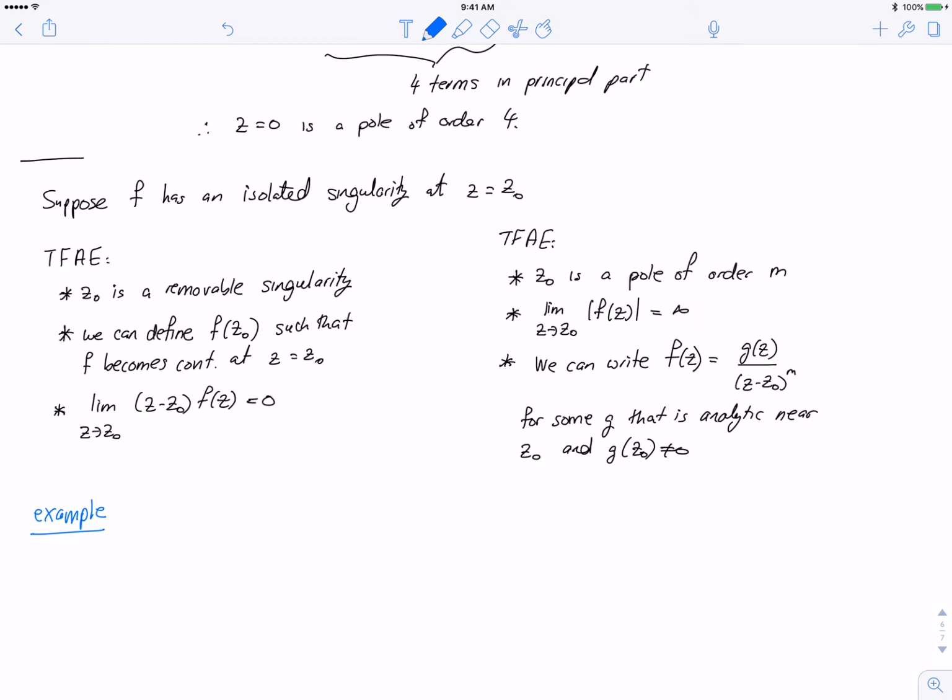The first example I'll do: I'm going to classify the singularities of f equals cos z on z times (z minus 1) to the 4.